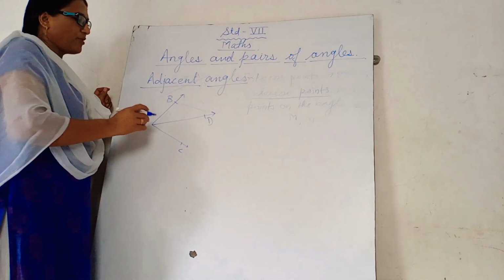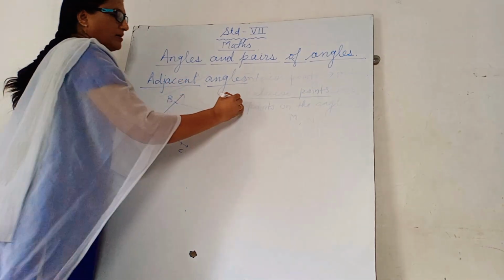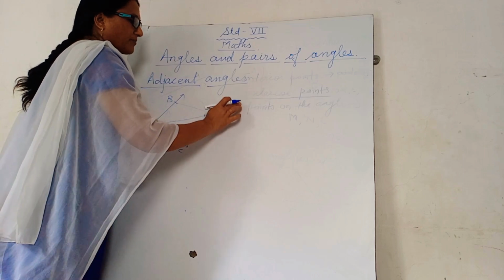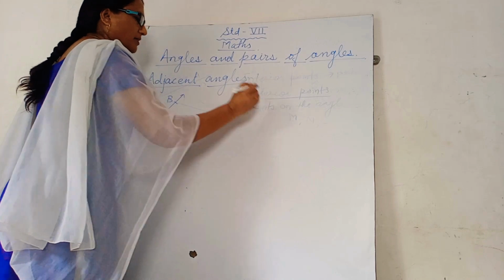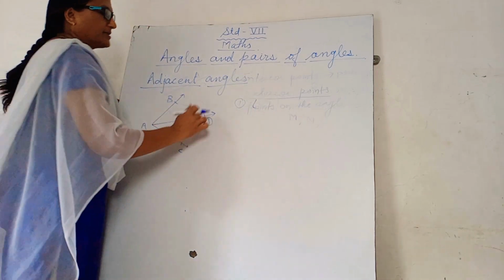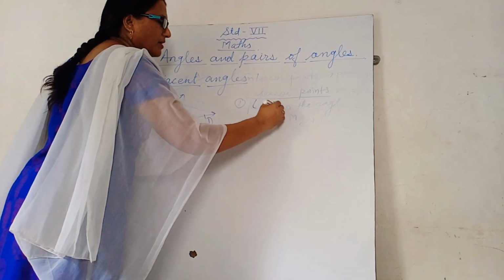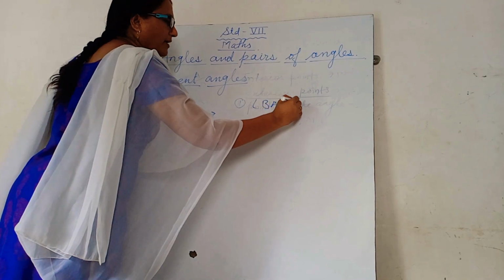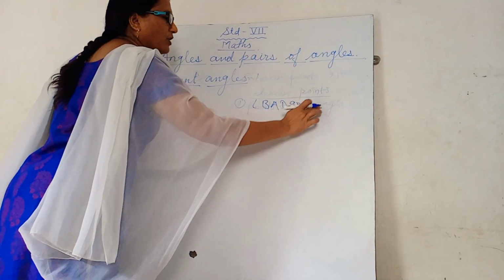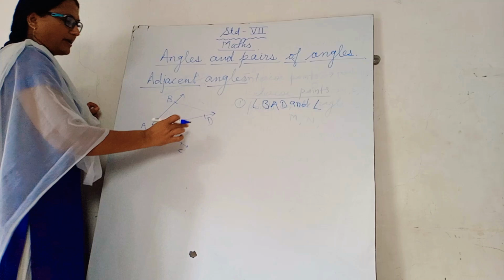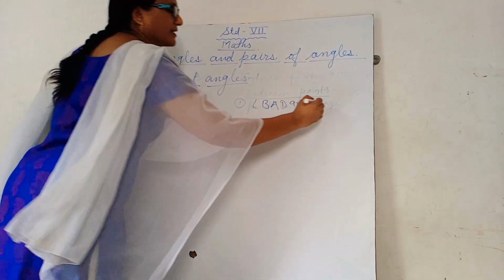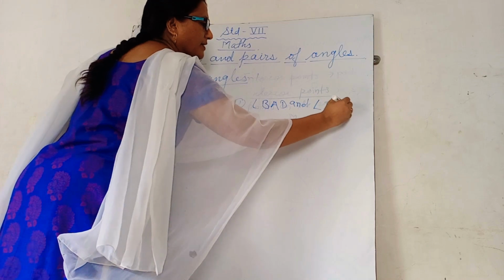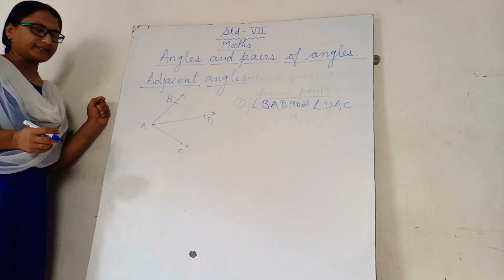Write the name of the adjacent pair of angles. Angle BAD and angle CAD, or you can say BAC, are adjacent angles.